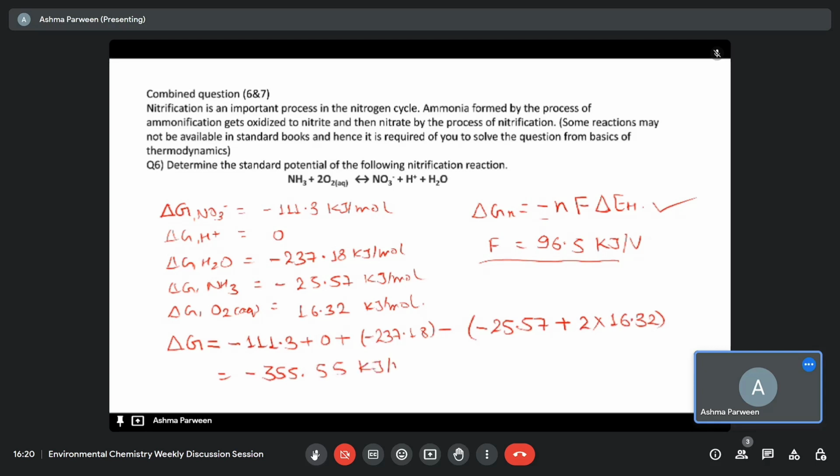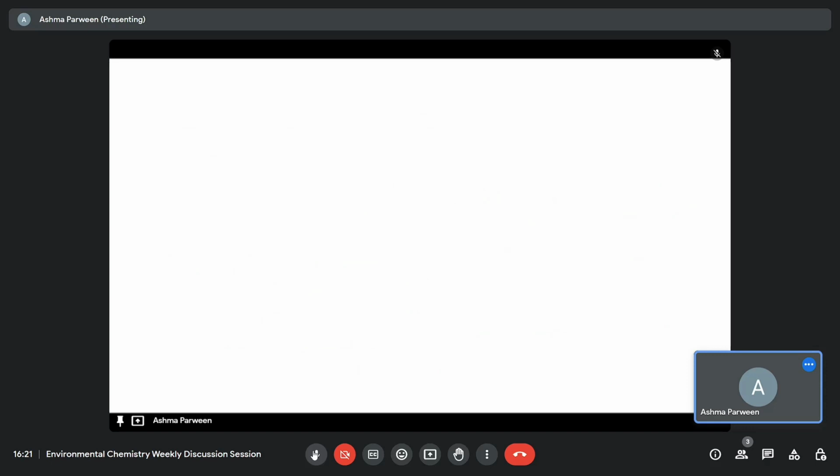Now we have to find the standard potential of this reaction. I have given you the relation between Gibbs free energy and reduction potential. So delta EH will be minus delta G upon n, the number of electrons, times the Faraday constant.